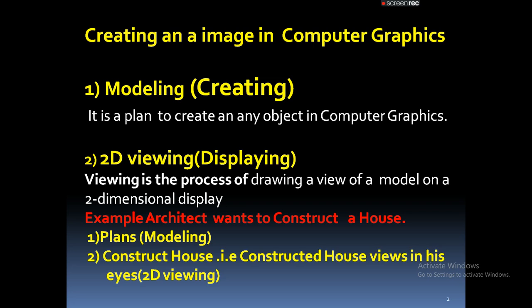So with respect to this slide, I want to combine modeling as well as two-dimensional viewing with one real world example. So assume that whenever an architect wants to construct a house or a building, first the architect will plan how to construct that particular building, which means he will prepare a blueprint of that building.